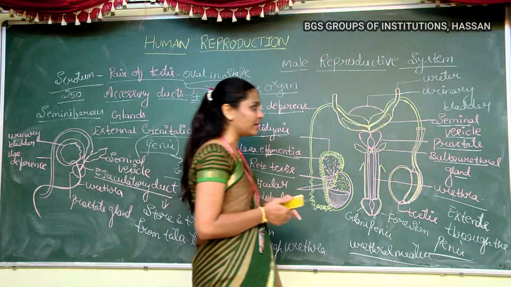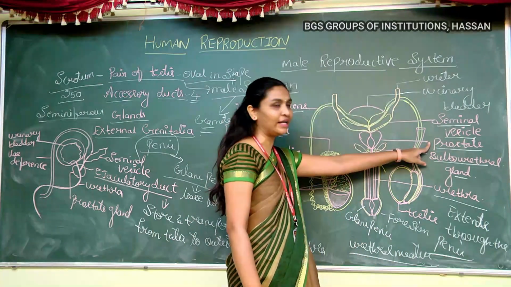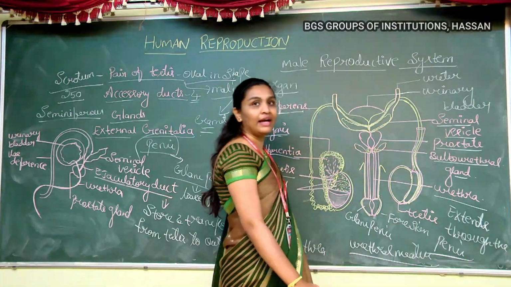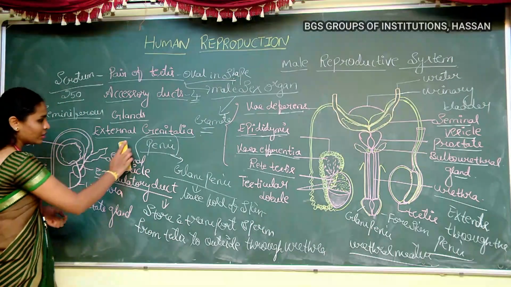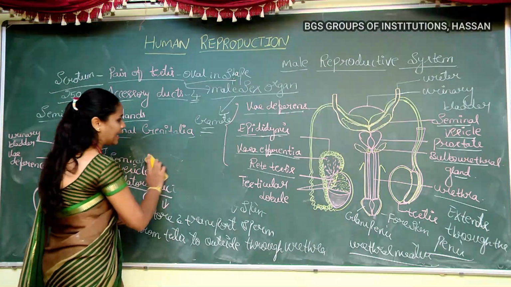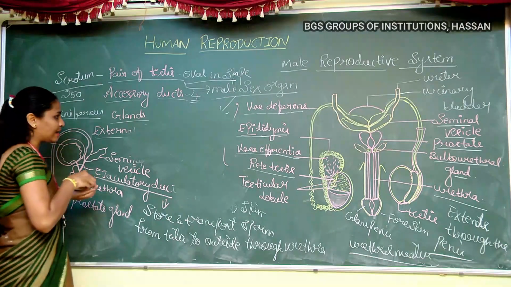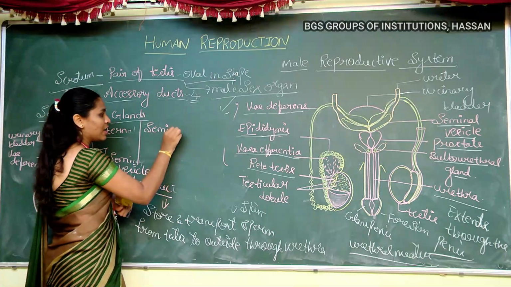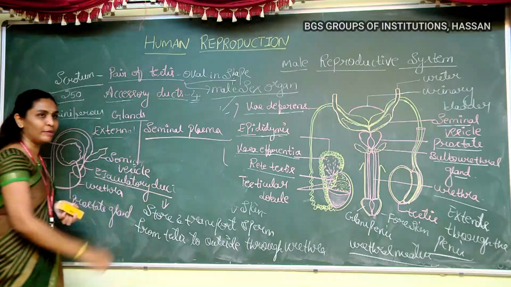There are 3 accessory glands: seminal vesicle, prostate gland and bulbourethral gland. See, these accessory glands secrete seminal plasma.